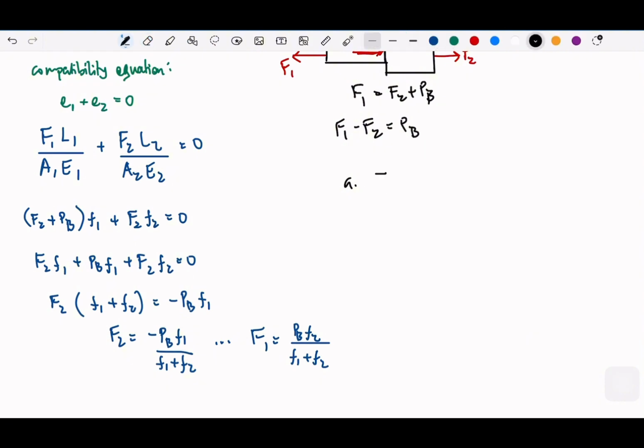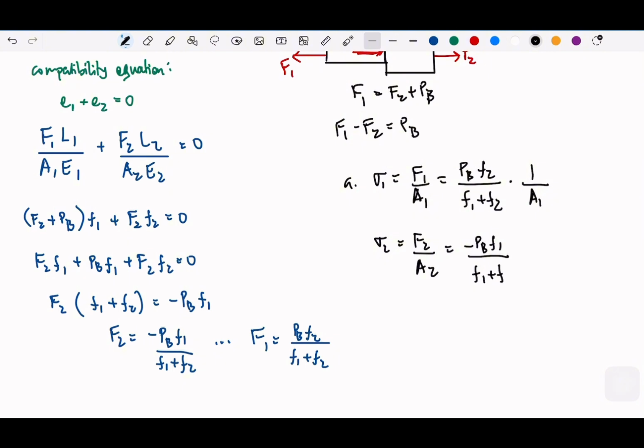So sigma 1 will be PB f2 over f1 plus f2 multiplied by 1 over A1, and sigma 2 similarly. And that's it for number A.